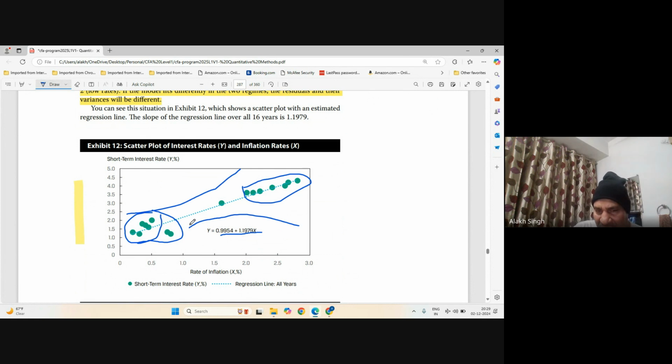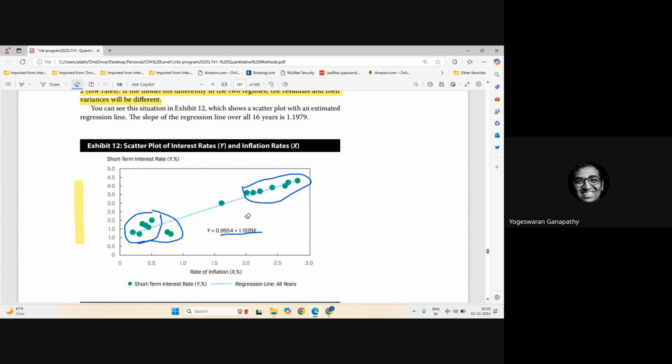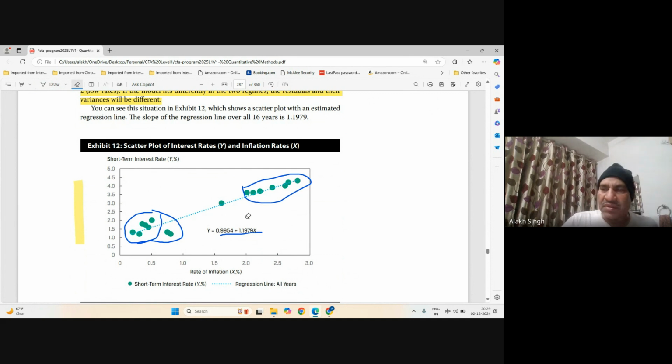At one place it is increasing, then coming down. But this line is not applicable to this graph because we are not plotting variance here. We are plotting only x and y values. If you plot variance, ideally it should be a horizontal line, and the variance should stay around that.